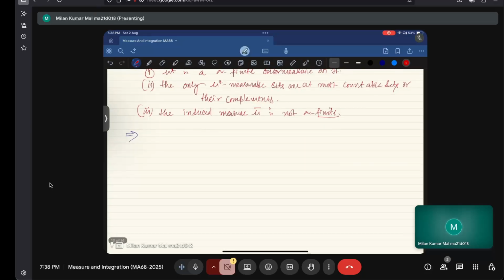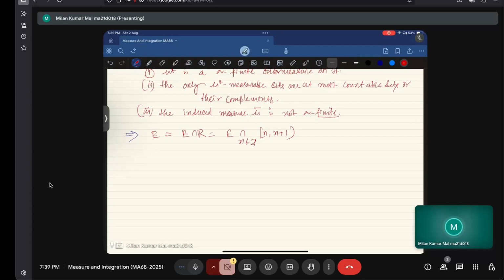So E can be written as E intersection R, which can be written as E intersected with the union of the intervals [n, n+1), where n belongs to the integers. Here one side I take closed and one side open, so left-hand closed and right-hand open, and n belongs to all integers.